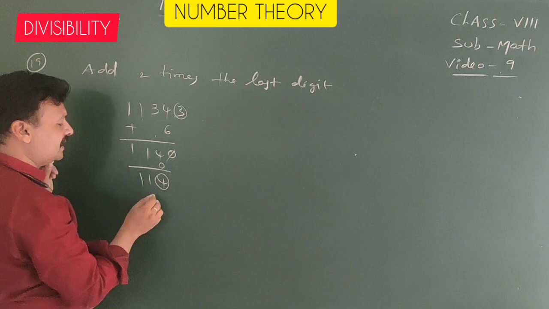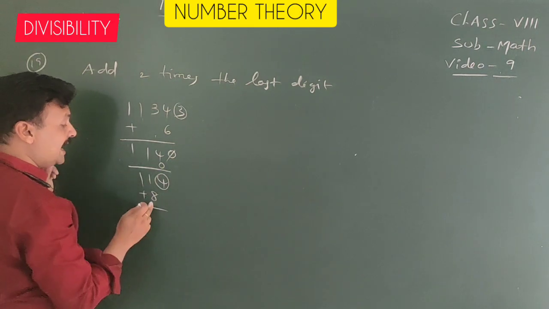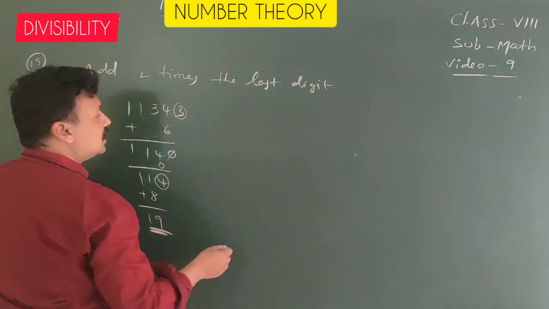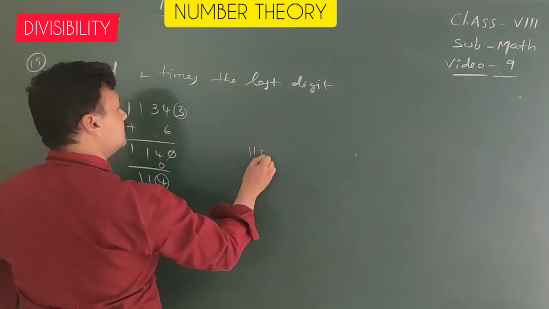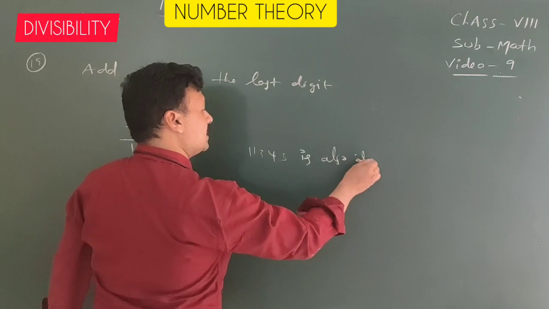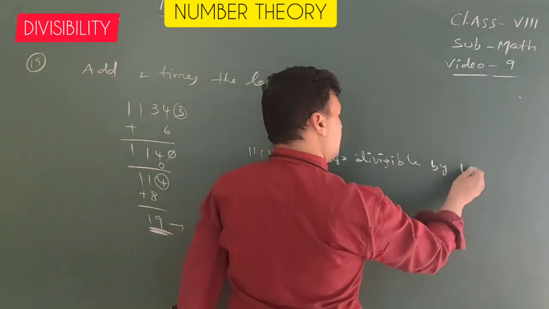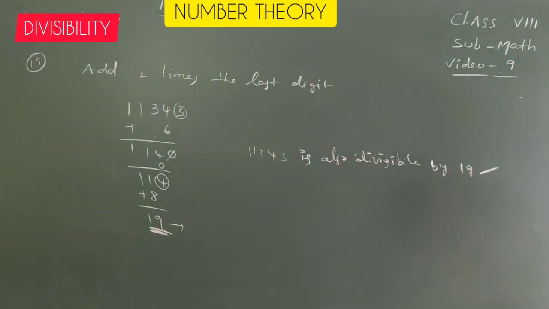Twice 4 is 8. If you add 11 plus 8, you will get 19. So 19 is divisible by 19. So 11343 is also divisible by 19. In this way, we can check the divisibility rule for 19.